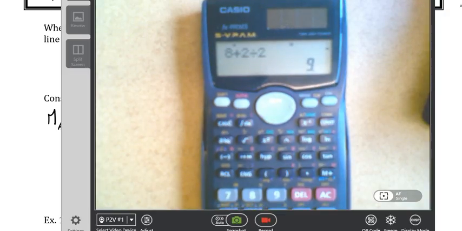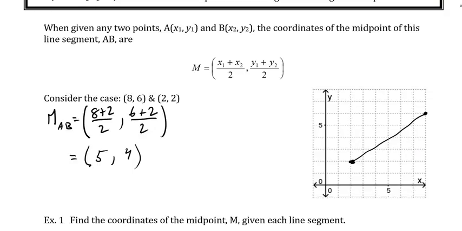Why? Because that's 8 plus, then 2 divided by 2. It's got to be 8 plus 2 first, and then divide by 2. Do it in your head, or make sure you do it properly on your calculator.